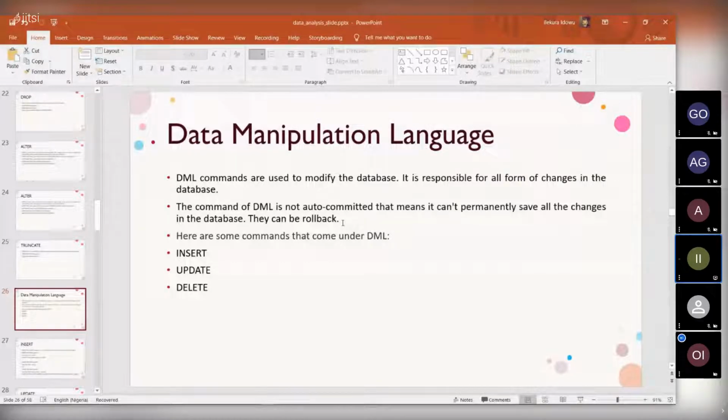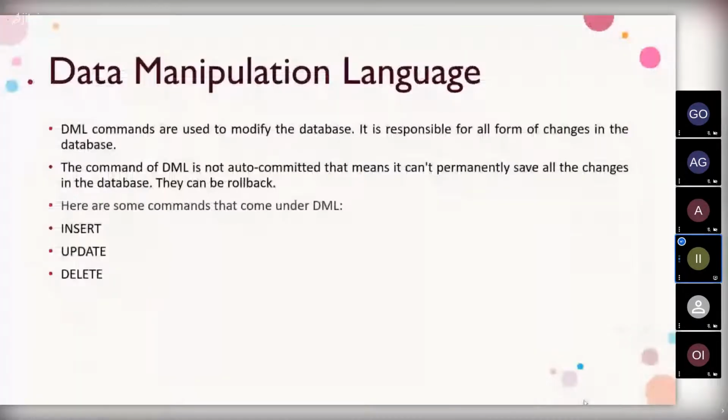So, data manipulation language. We talked about data definition, and when I say define, you remember when you were in secondary school, or for those that have graduated from higher institutions or college, they talk about defining. When you are defining something, you are creating that thing from your imagination.